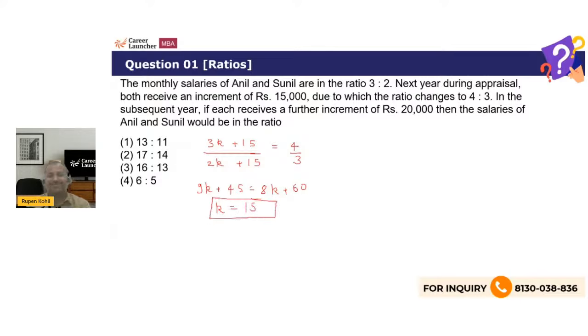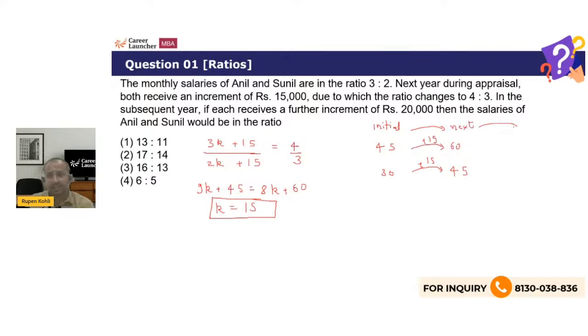Perfect. So what numbers do we have? Their initial salaries were 15 threes are 45, 15 twos are 30,000. Then in the subsequent year, each of them got a raise of 15,000, so 45 became 60,000 and 30 became 45,000. Those were their salaries in the next year.